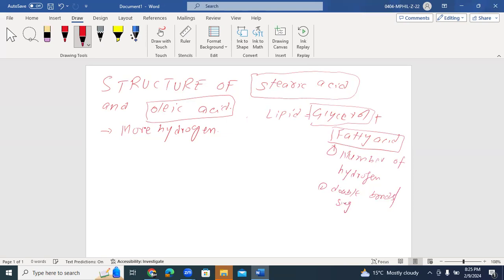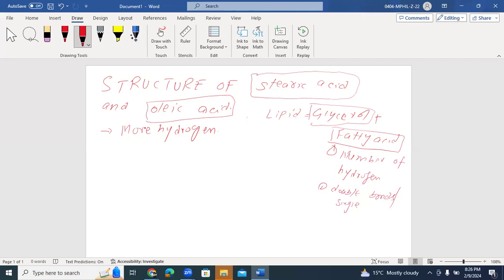We will try to understand whether it is saturated or unsaturated. Definitely, if the fatty acid is saturated, it will have a different effect in lipids. For example, in the last lecture we discussed, if the fatty acid is saturated, what is the form of lipid, whether it is oil or fat.